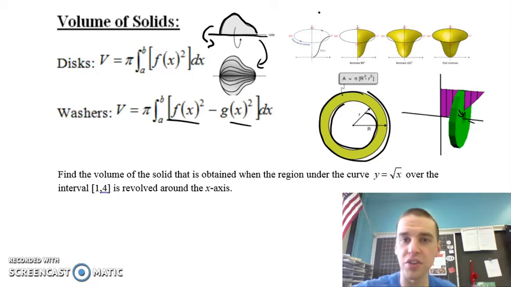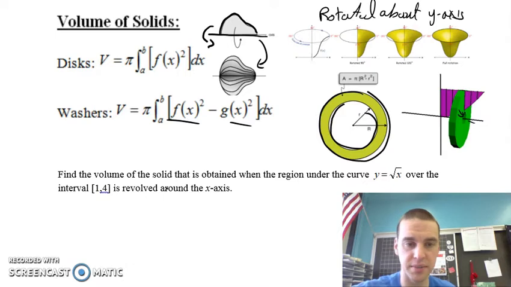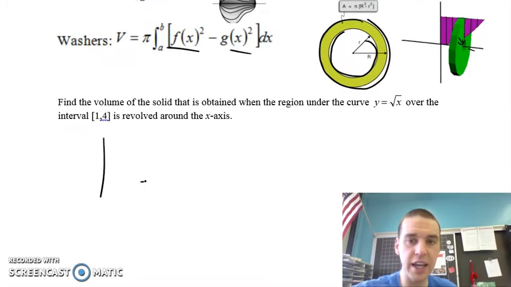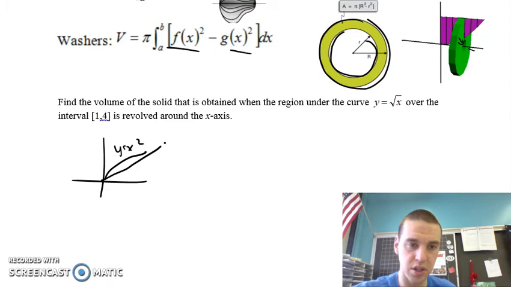Another one here is rotated about the y-axis, and you can see how it makes a different shape. Just so you have an idea, this is not this problem, but if I have the curves y equals x squared and y equals x, we know that our two points of intersection are 0,0 and 1,1.